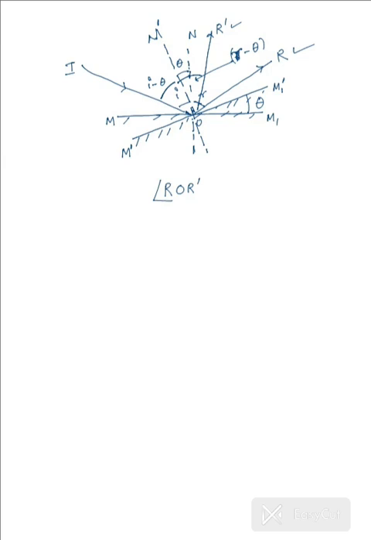Now here ROR dash, that we can see over here, can be determined by considering a few angles that are nearby. One of them being the angle theta, of course, that is the angle of rotation. But the easiest approach that we can consider over here is just to take the angle that was available at first. That is, we have N primed OR.